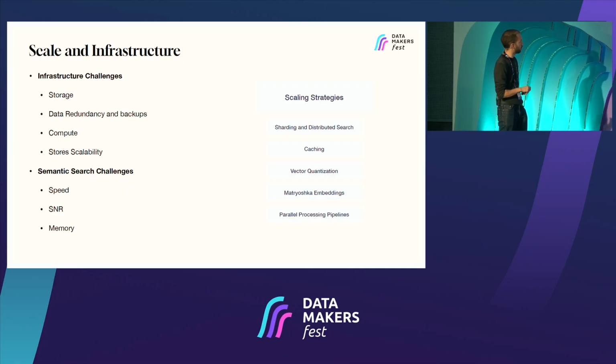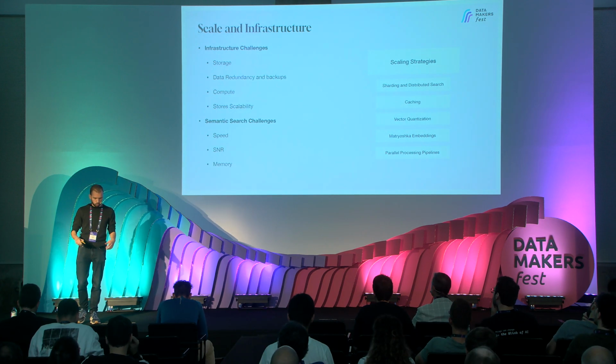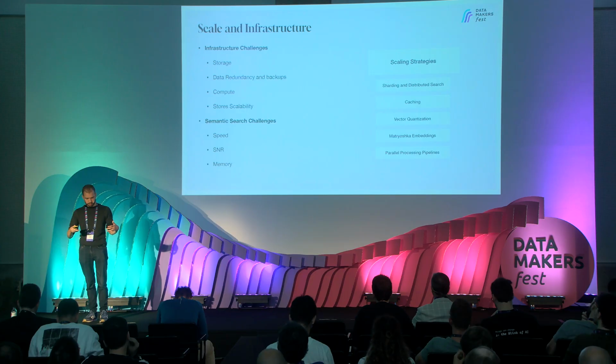And another one that people don't talk much about is the signal-to-noise ratio. When you start increasing your vector space and you're trying to do search in it, the query that the user submits, when embedded, doesn't have much contextual information, right? So the semantic meaning of the query is not very rich.